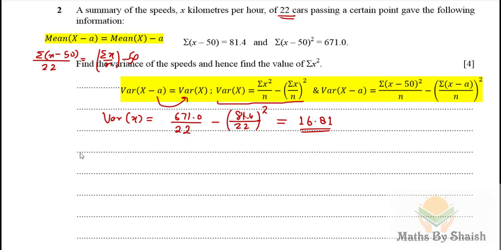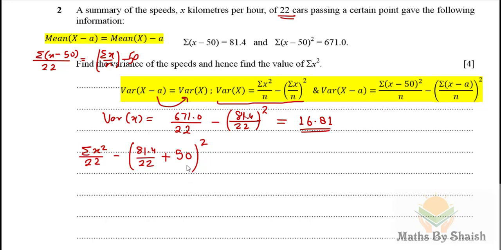So for the variance of x, I'm going to use the formula, and we'll get sigma of x squared upon n, and here n I will replace by 22, minus, using this identity, the square of the mean. The mean here is 81.4 over 22, and this minus will go there and it will become plus 50.